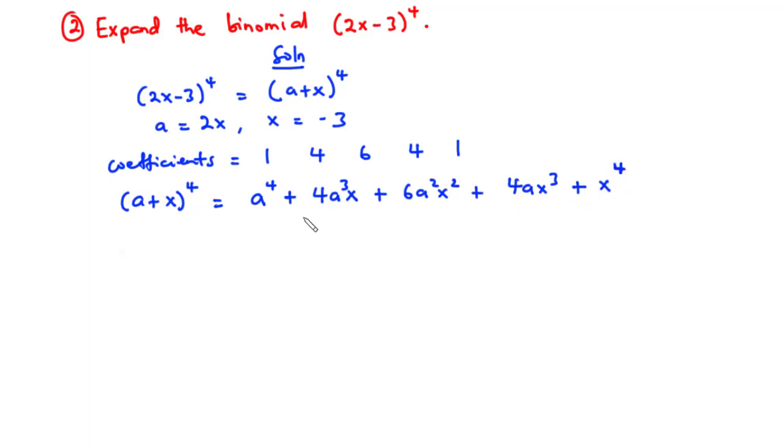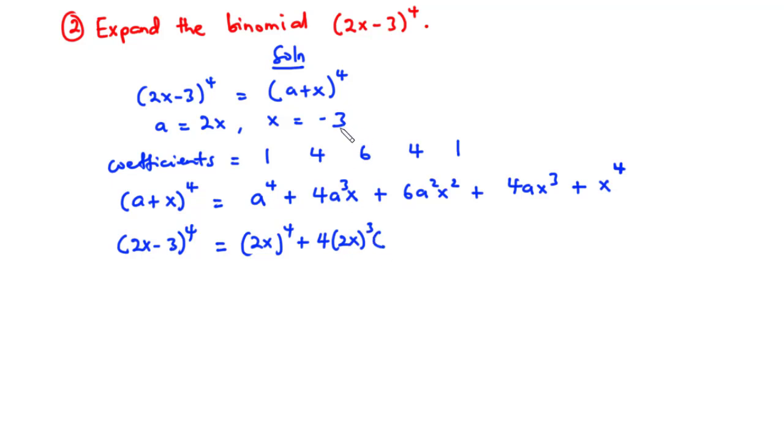So since we have the expansion of a plus x to the fourth power, let's substitute a and then x into this expansion. We have a to be 2x, so 2x to the fourth power plus 4 times 2x to the third power.